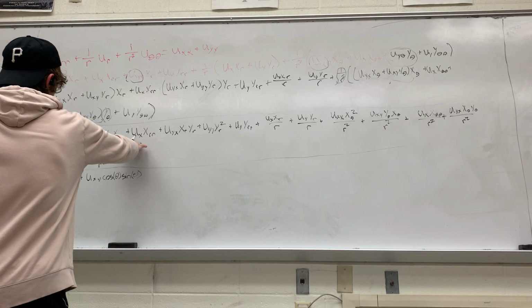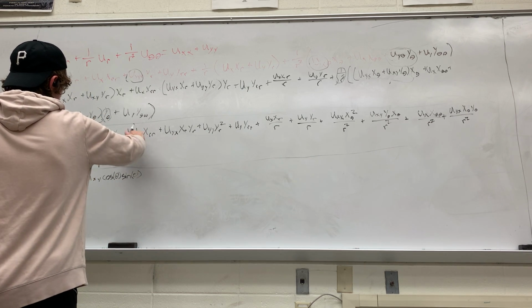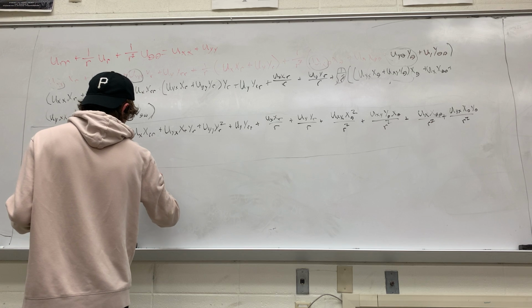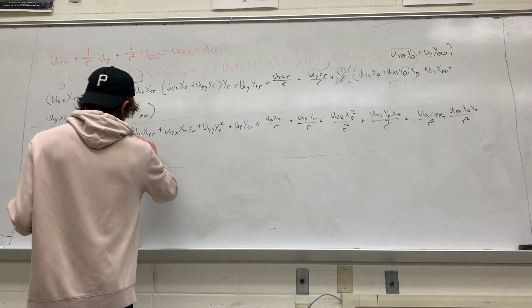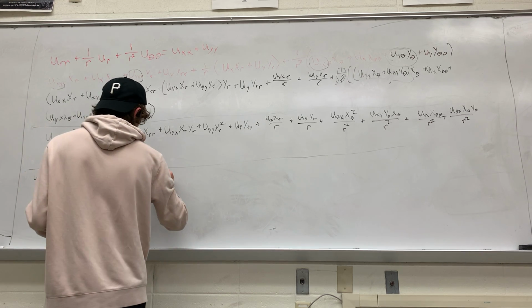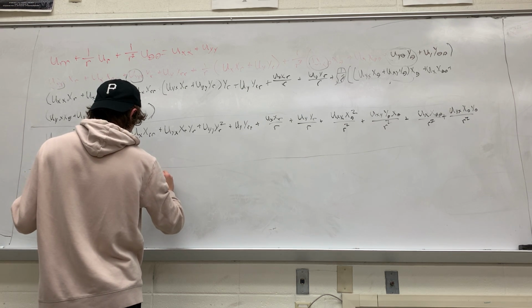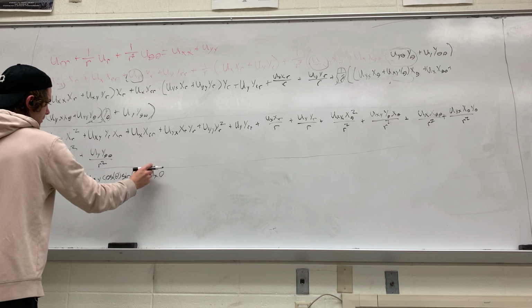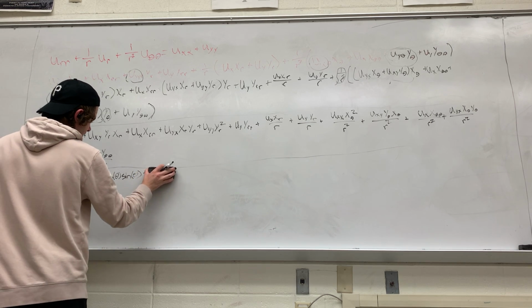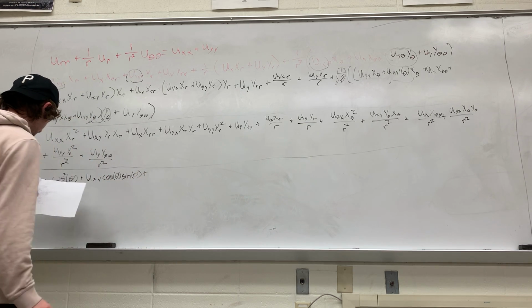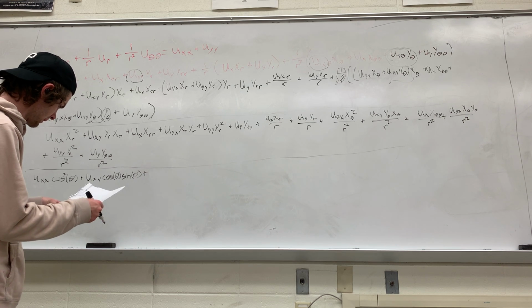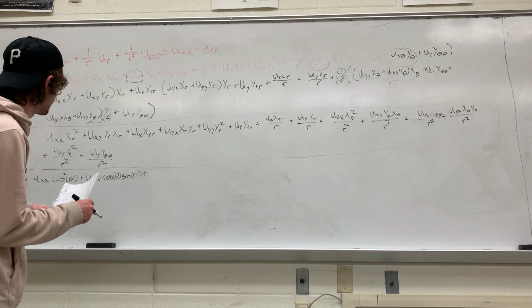Perfect. And then right here we have u x times the derivative with respect to r, which is 0 actually. So this will cancel out, so I'm just going to go ahead and erase that to make things a little cleaner.